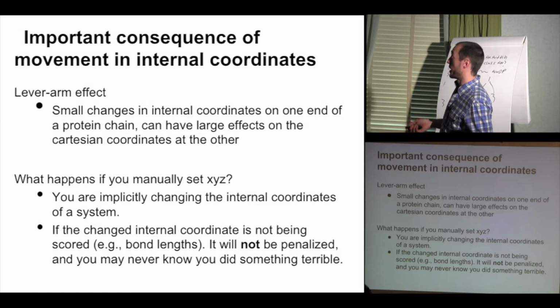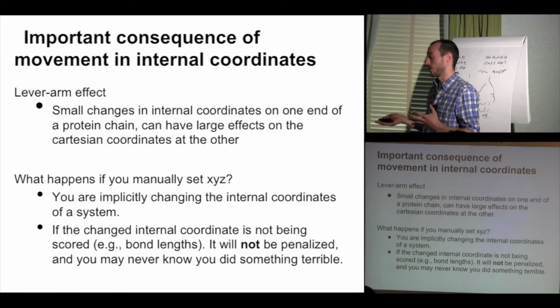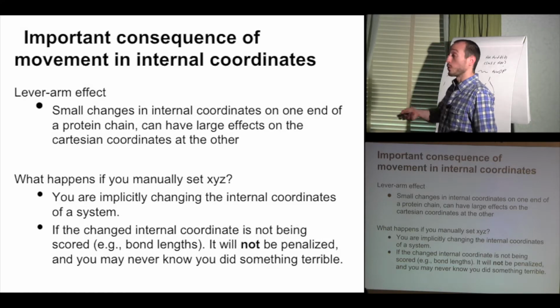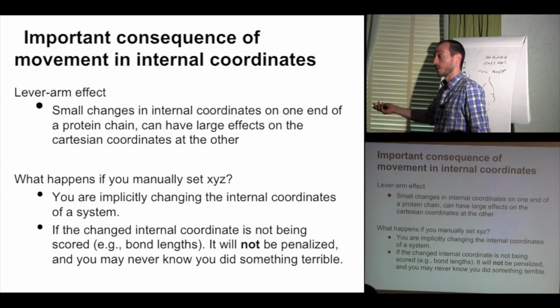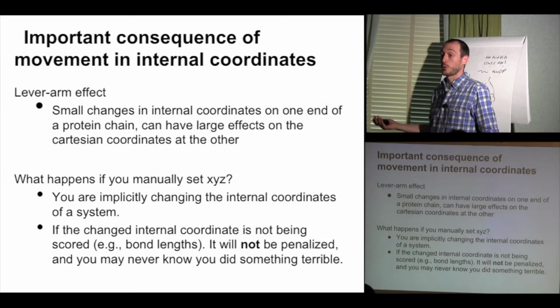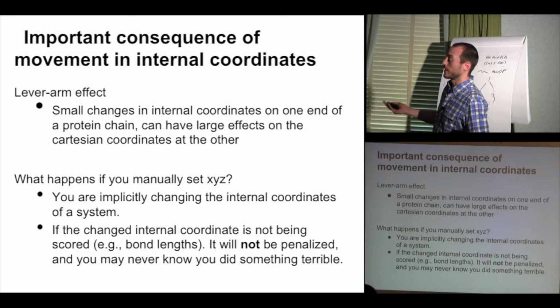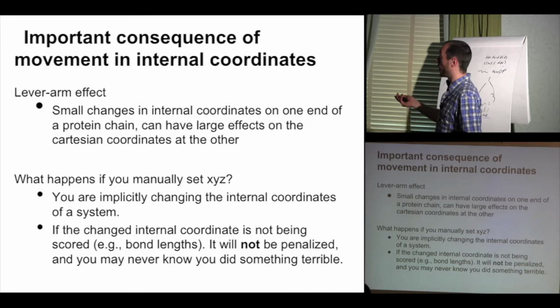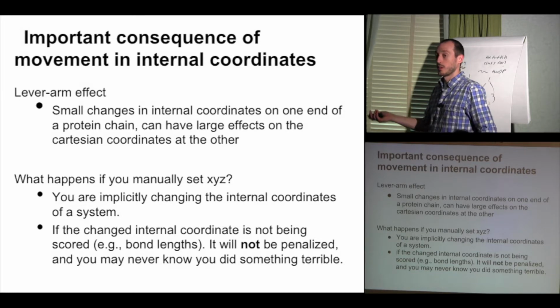Another important consequence is that if you change the Cartesian coordinates of an atom, you are changing the internal coordinates implicitly. And if the internal coordinate that you change is not being scored by the score function, then you may never know that you did something really awful to your system.